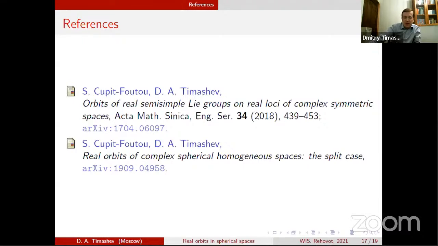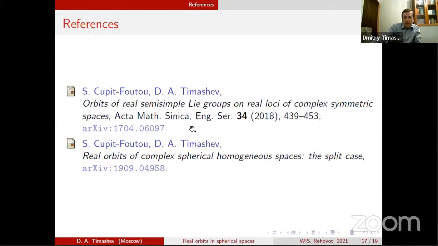They consider the action on the k-bar orbits themselves, not on the orbits in the real loci. But these k-bar orbits have to be defined over k. So this is indeed different from what we are doing.